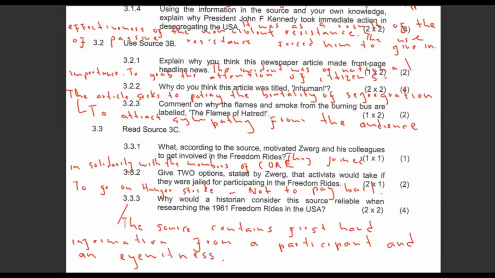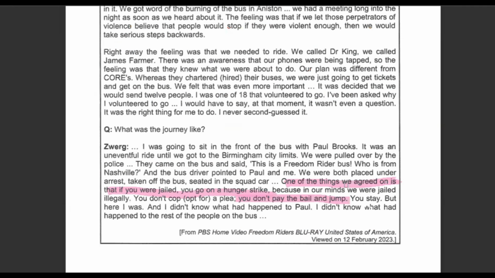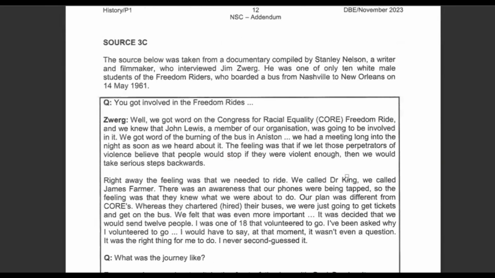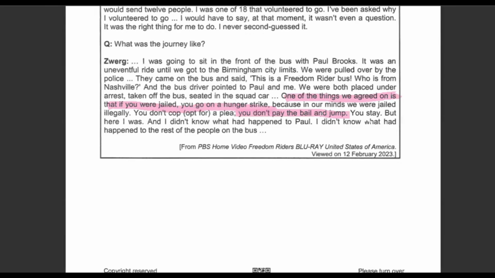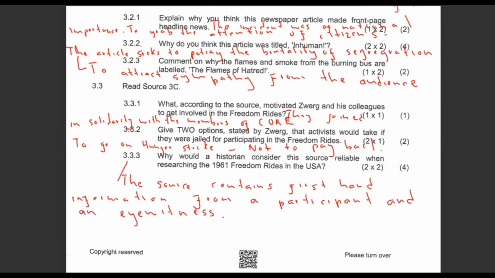Then also let's go back to it and see what else might be useful. All right, then we also have names of places mentioned, names of organizations also mentioned, which makes it useful.